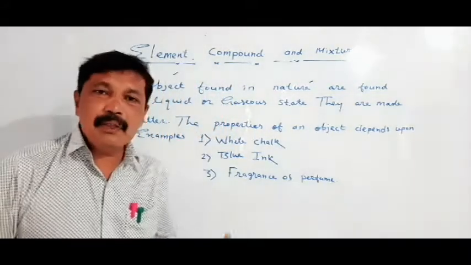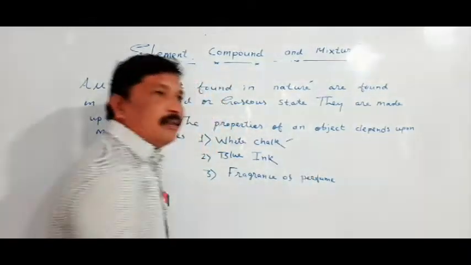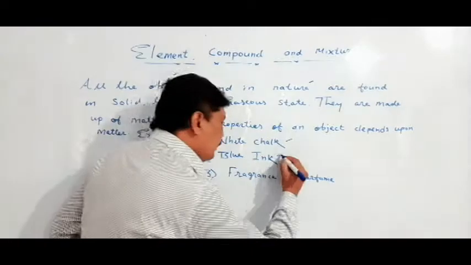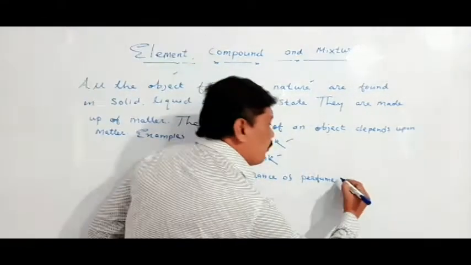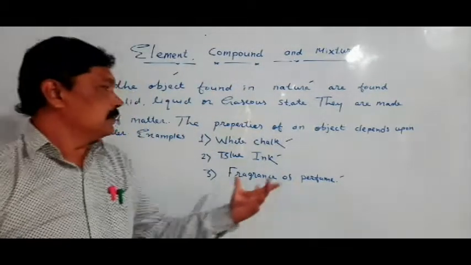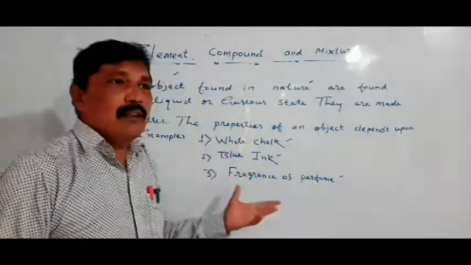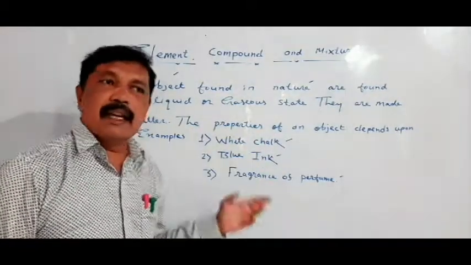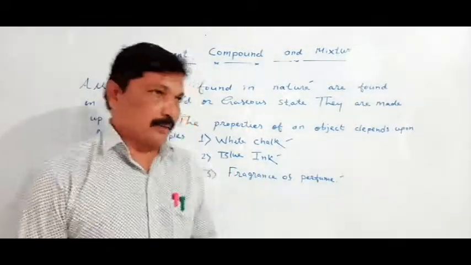The three examples which are given in our book are white chalk, a solid object, blue ink, a liquid, and fragrance of the perfume in gaseous state. Now we have seen object in three states: solid state, liquid state and gaseous state. They all are made up of matter.